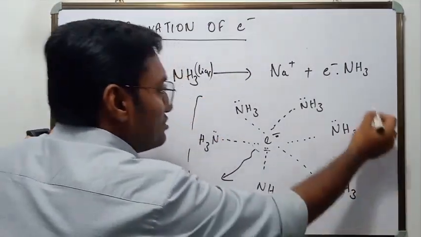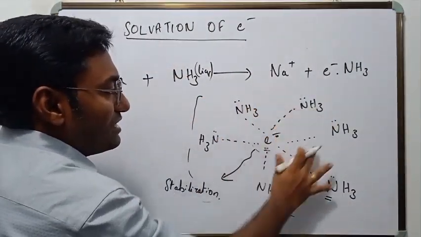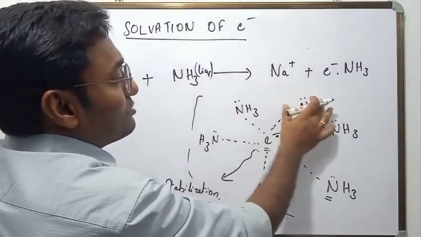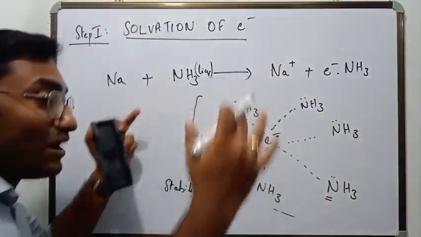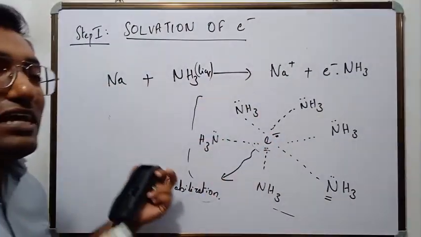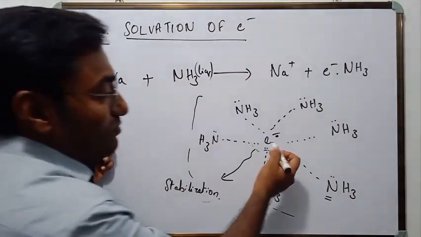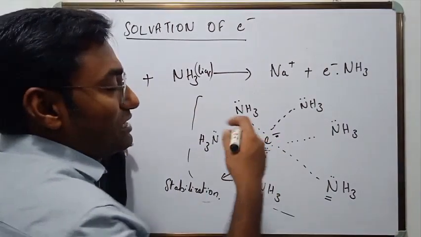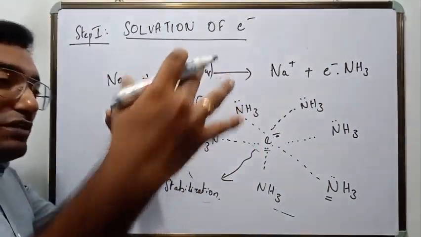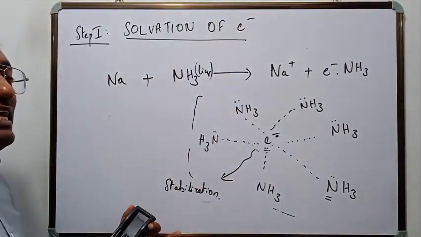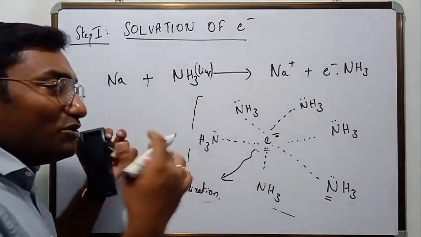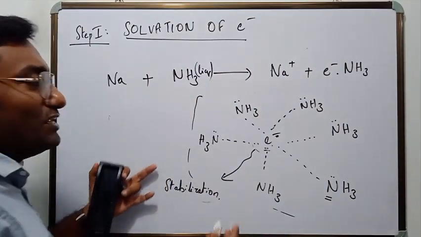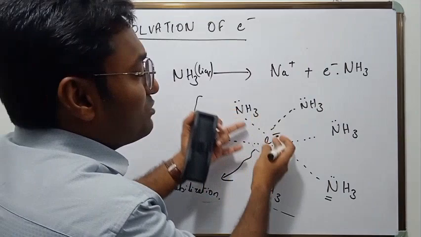This is solvation. What is solvation? When solvent molecules surround an entity, that phenomenon is called solvation. It can be any atom, or any group of atoms, or a single electron. So when solvent molecules surround an entity and stabilize it, that phenomenon is called solvation. So here solvation is actually taking place.